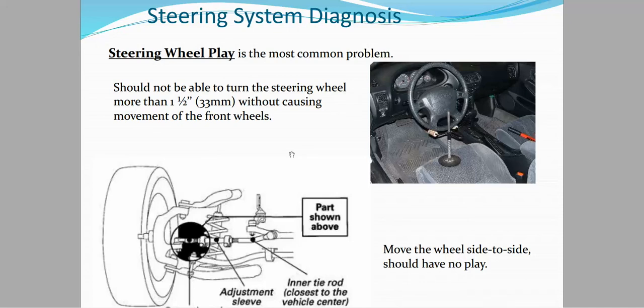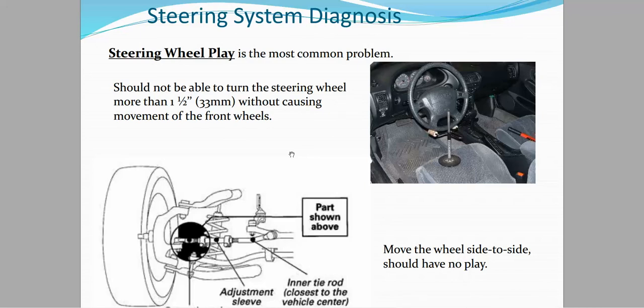Steering wheel play means the steering wheel is moving and having a play. The play should not allow the steering wheel to turn more than 1.5 inch, that is 33 mm, without causing movement on the front wheel.